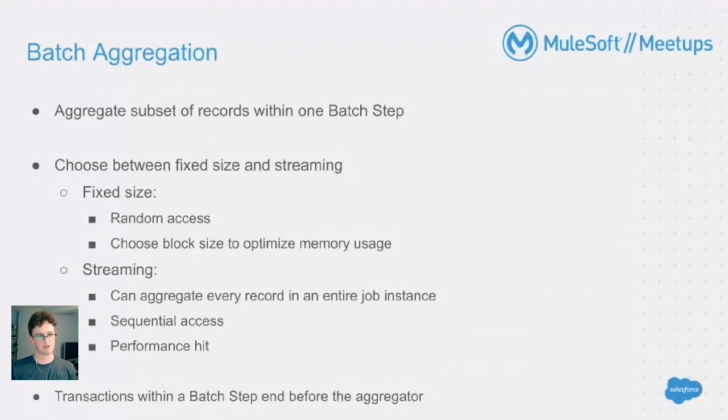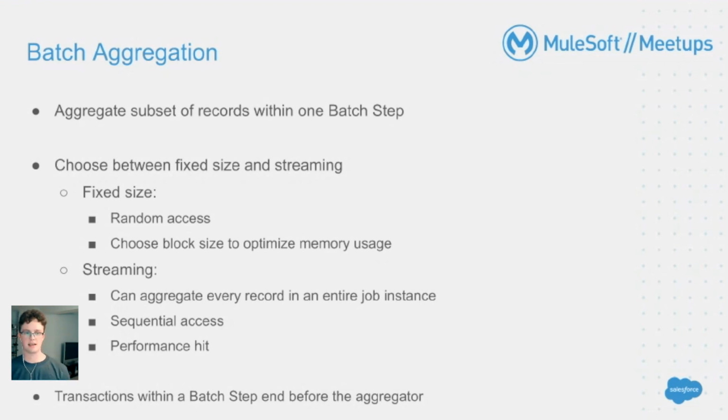And you can do that within a batch step. One step of a batch job can have several processors that are part of a transaction, and when a record goes through that step, it goes through that transaction, and the boundaries of that transaction are respected. So if one of the processors fails, everything that transaction would have done is rolled back, and then the failure is propagated.